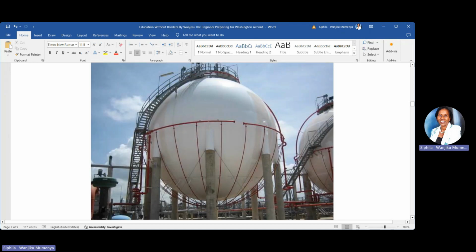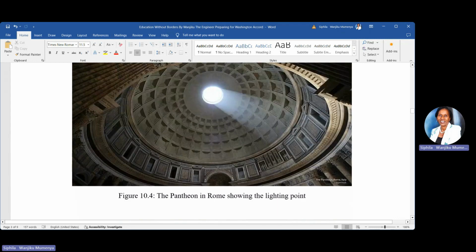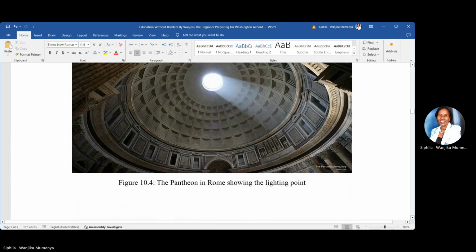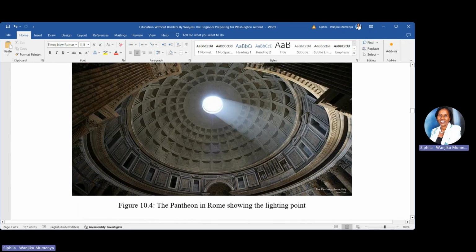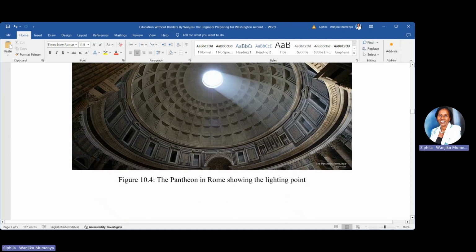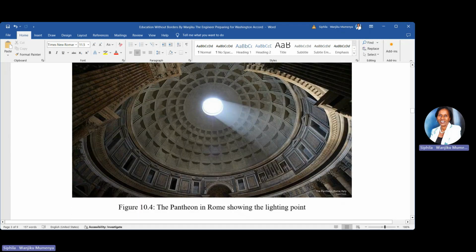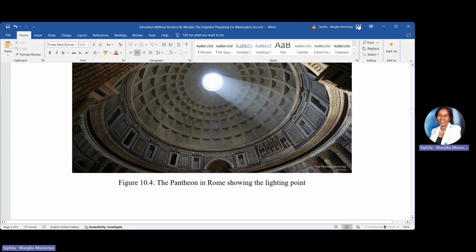You find very many structures like those, oil tanks. What about in Rome? We can see the Pantheon in Rome, an ancient building. That's a dome structure. You can see, very fancy indeed, with a lot of architectural features on it.